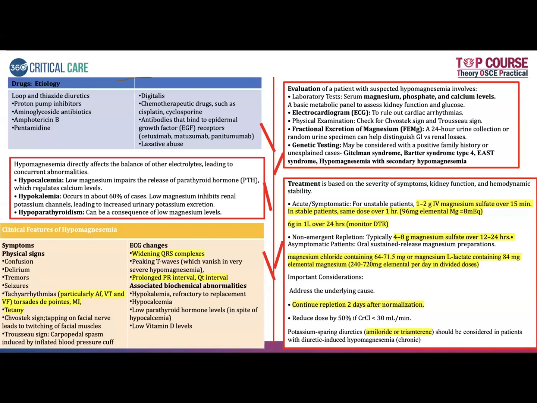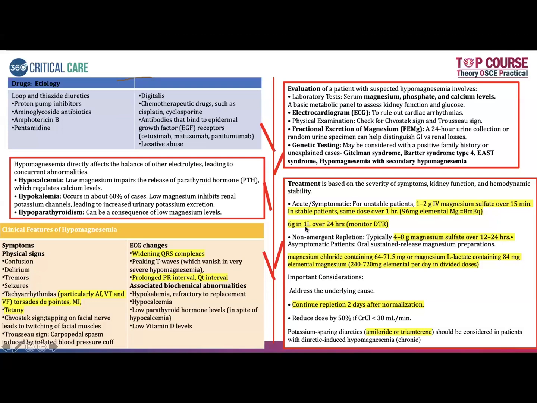Treatment of hypomagnesemia. For acute symptomatic severe hypomagnesemia in unstable patients, 1 to 2 grams of IV magnesium sulfate over 15 minutes can be given, followed by supplementation. One gram of magnesium sulfate contains 96 milligrams of elemental magnesium, which is equal to 8 milliequivalents.